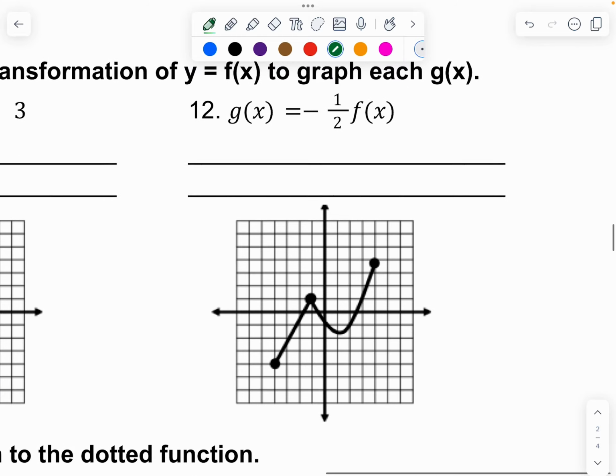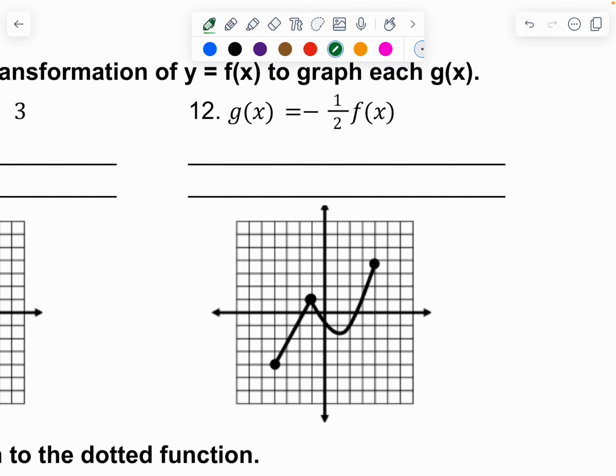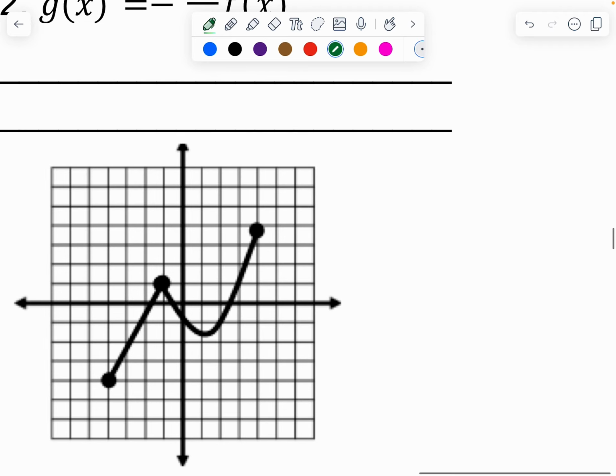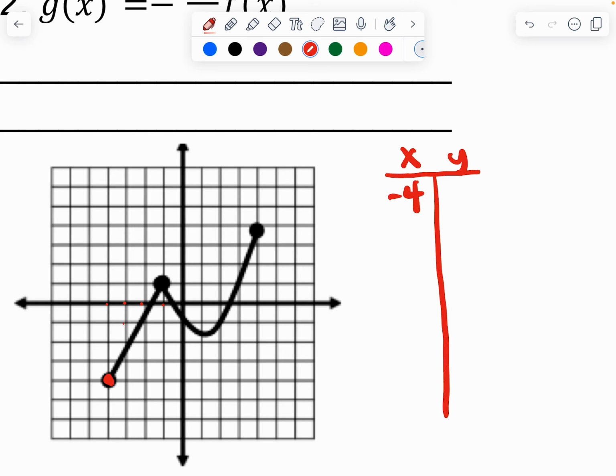Okay, and then over here. I'm actually going to teach you a way to do this that makes it a little easier. Sometimes you actually need to write the chart, because some people have a hard time with this. So we're going to actually write this chart. This point right here is going to be 1, 2, 3, 4, so -4.